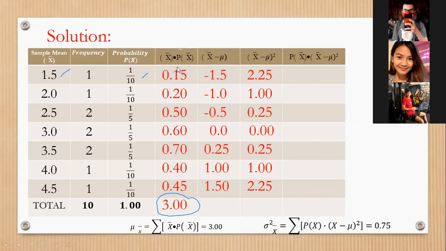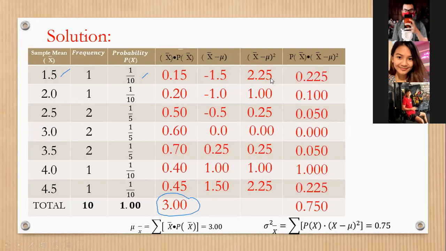Ayan, pag minultiply na natin, so 1/10 times 2.25 is 0.225. All the rest, ginawa natin. Then, we tried to get the summation. And the summation actually is our variance. Ano po? So, may tanong po ba kung paano nakuha ang bawat column.